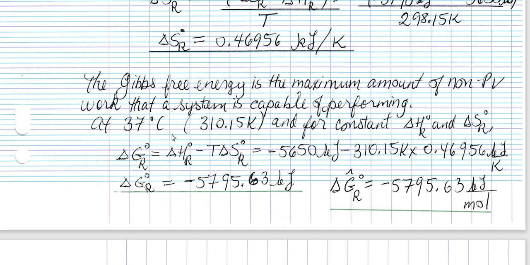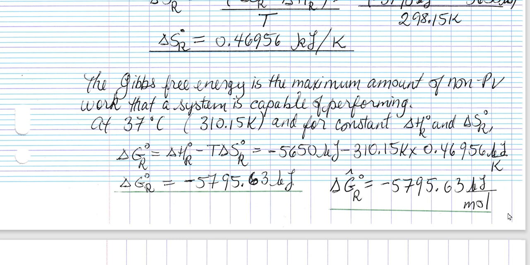Since the chemical reaction has only 1 mole of sugar, the standard delta G of the reaction is negative 5795.63 kilojoules per mole.